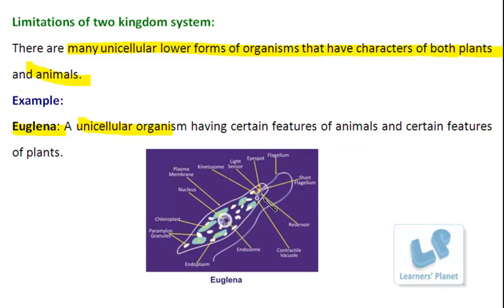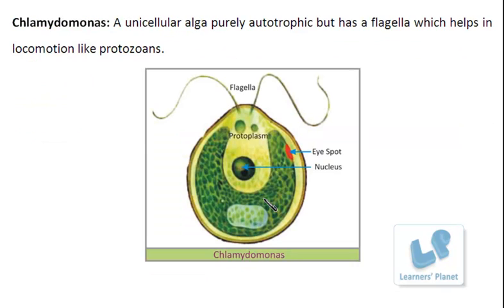There are similar examples, for instance Chlamydomonas. Again, it is a unicellular alga and is purely autotrophic. You know why I am calling it purely autotrophic? Because in the case of Euglena, it can be heterotrophic or it can be autotrophic.